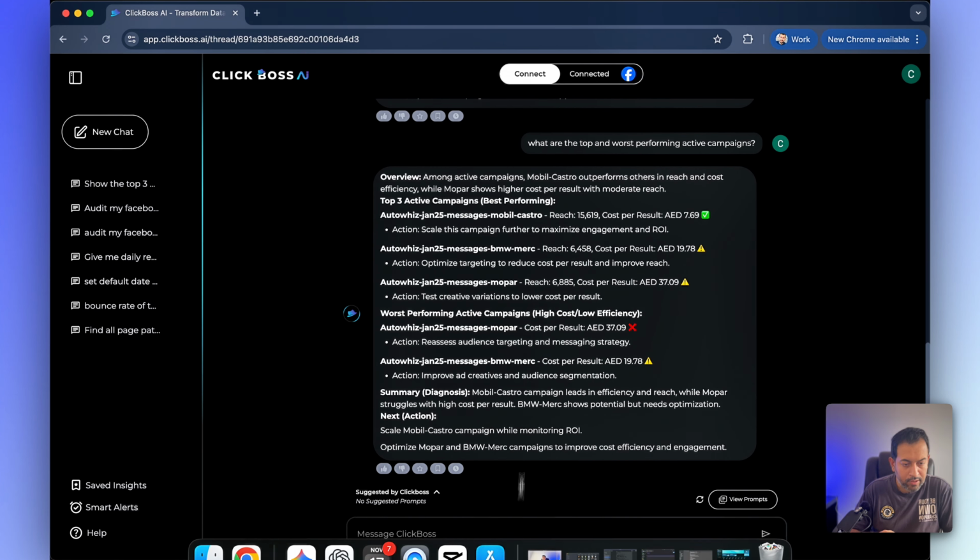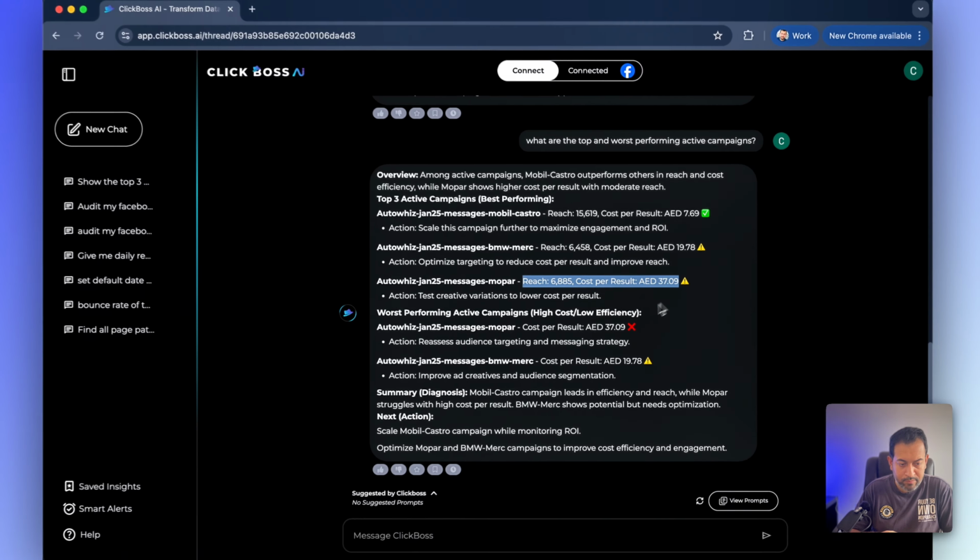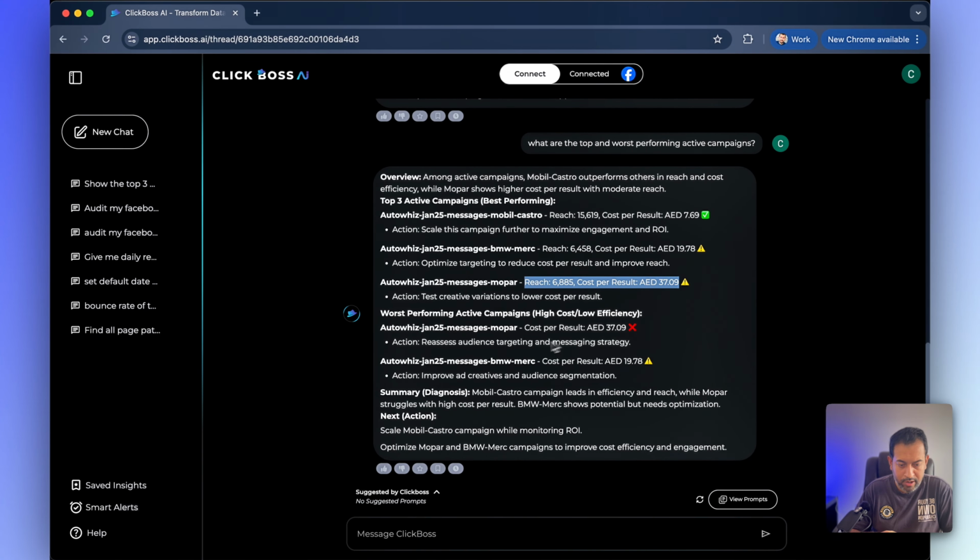Amazing. So it is basically looking for cost per result, which is interesting, and the exclamation mark shows that it's going on the higher side. The cost per lead result is really high.